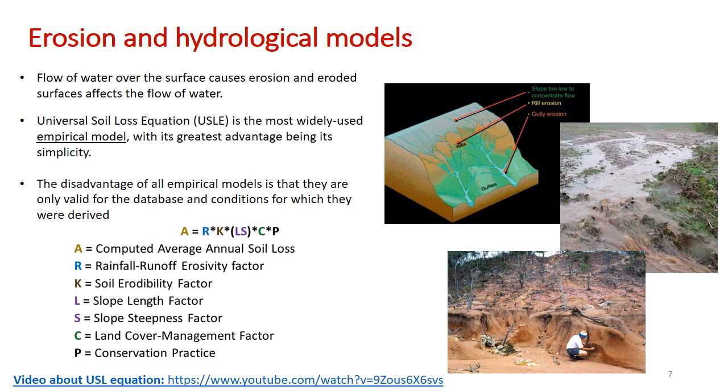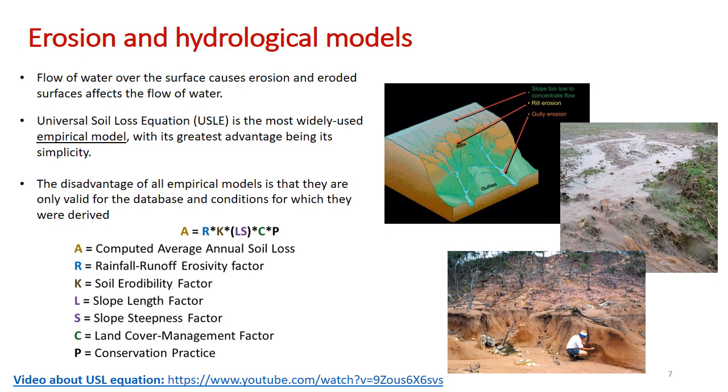It might flow rapidly, because now you have created conditions that increase the speed of water over the surface. And once you get erosion, you have further degraded your soil.